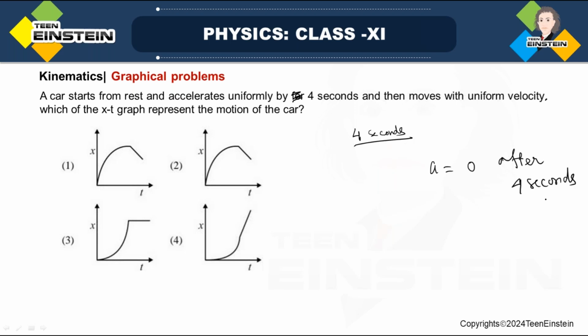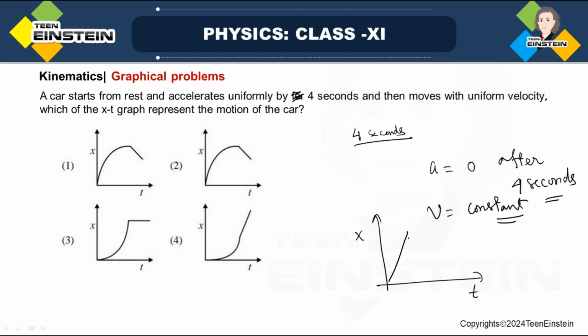So when there is no acceleration, what will happen to the speed or velocity? Velocity will be constant, or uniform velocity. We have learned that if this is the position and this is the time axis, constant velocity motion will look something like this.